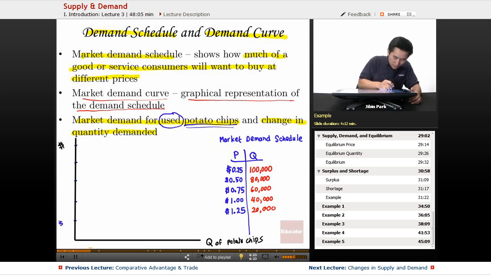So we're going by 25 cents, 50 cents, 75 cents, $1, and then $1.25.